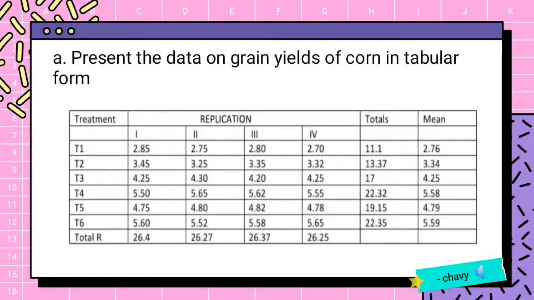Present the data on grain yields of corn in tabular form. In this problem, we are given 6 treatments of fertilizers applied to the plants with 4 replications or blocks.